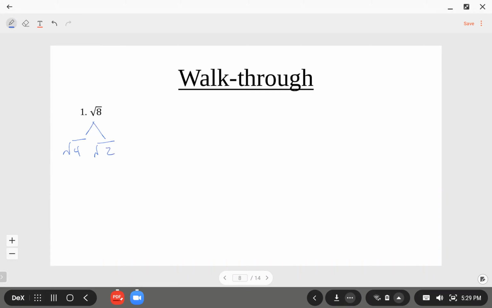Now what do we do? Square root of 4, that is a perfect square, so that is going to be equal to 2. Non-radicals, put them outside the square root. Things that are radicals, put them inside the square root. Therefore, square root of 8 equals 2 times square root of 2.